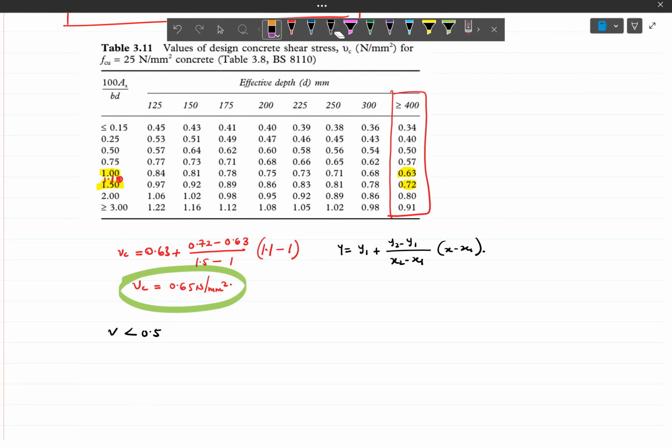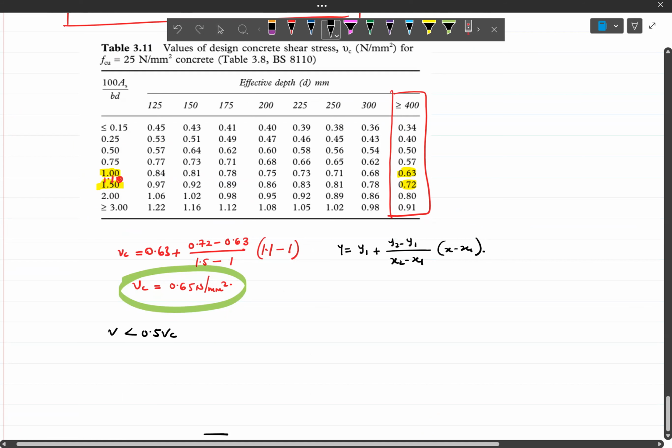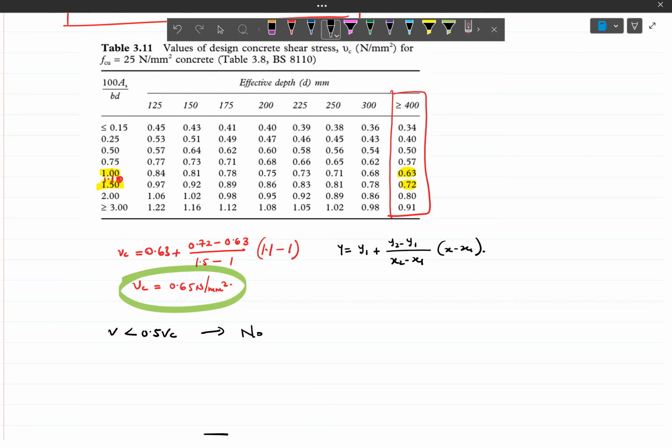So if V is less than 0.5 VC, then it means no reinforcement, so no shear links needed.